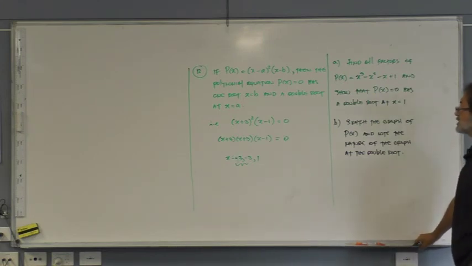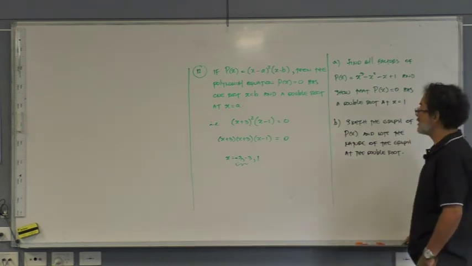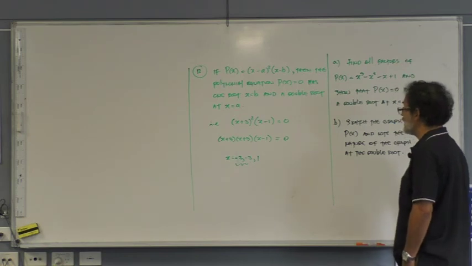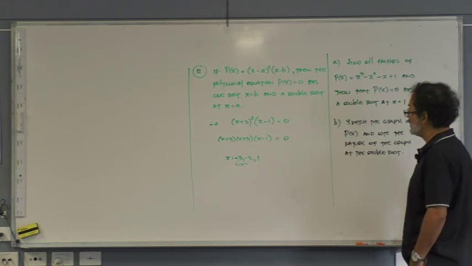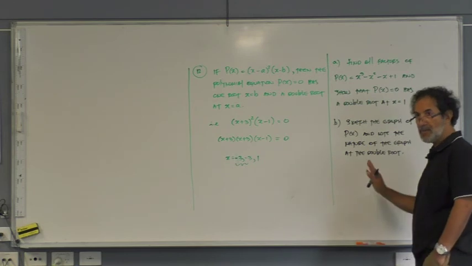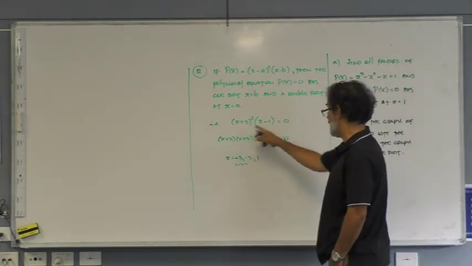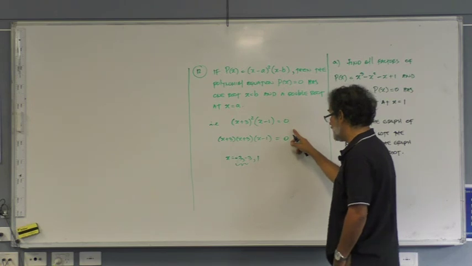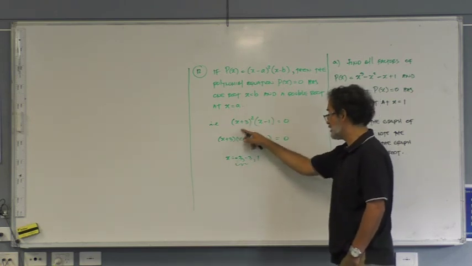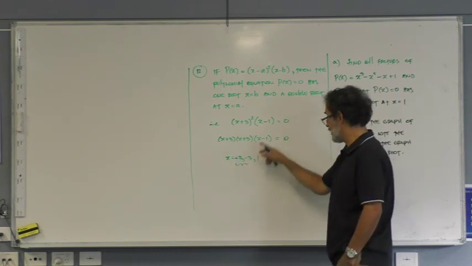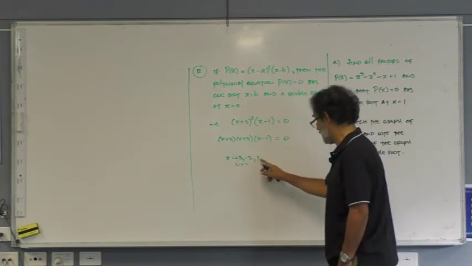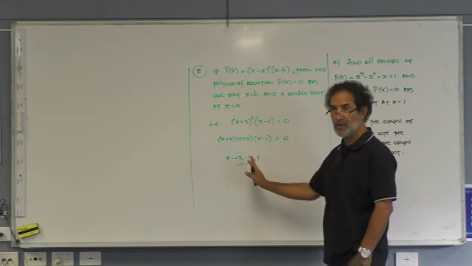They say if P of x is equal to x minus a to the power of 2 multiplied by x minus b, then that means that the polynomial equation P of x equals 0 has one root at x equal b and a double root at x equal a. All right, so that is clear. In here I gave you an example. If you have a situation like this, clearly you can see that this factor will give you 2 zeros, and this will give you 1. So we got 1, 2, 3, but we have 1 which is double. That's all it is.